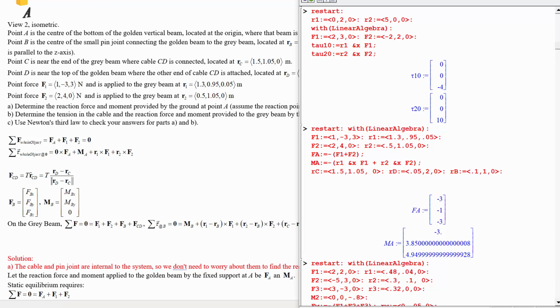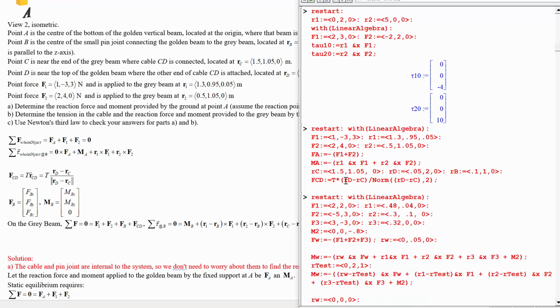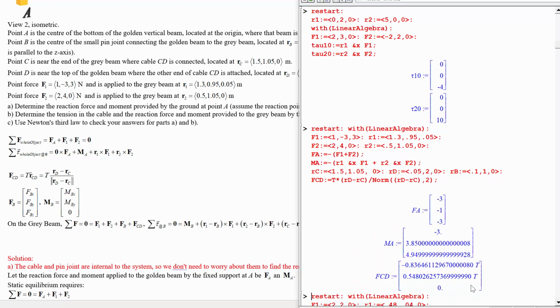Okay, so then the next part is we can specify what FCD is, which is going to be the tension times RD minus RC over the norm of RD minus RC. So this should give us a vector that points in the direction of CD.